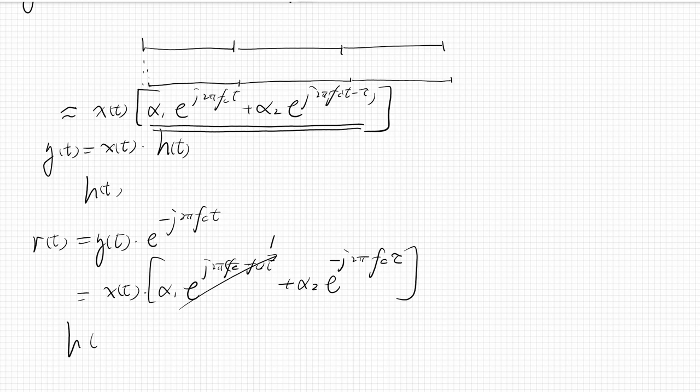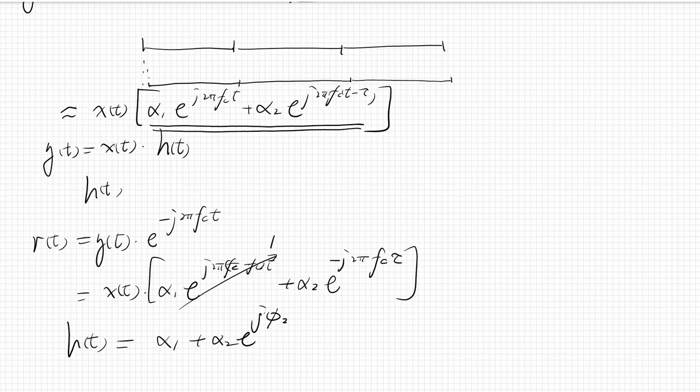Therefore, my channel has two parts. One is the line of sight part with alpha 1. The other part is some multipath, that is alpha 2, and then we have this random phase. Let me just call this alpha 2 because tau is random. It's a random delay of the second incoming path, multiplied by this carrier, and we have this phase.